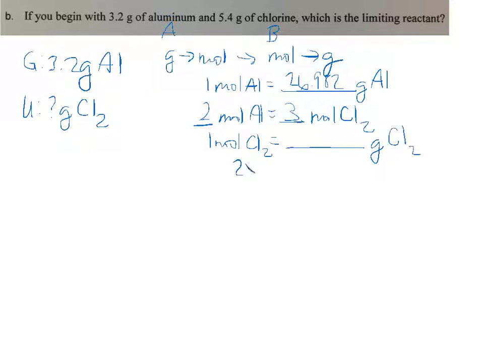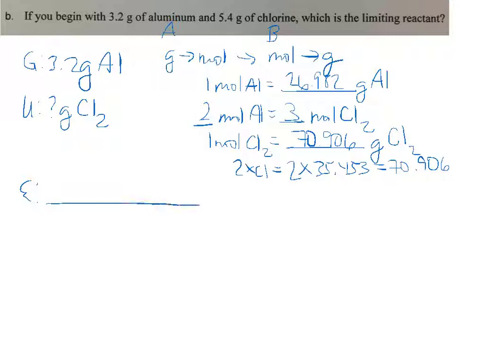So we have 2 chlorines, so that's 2 times 35.453, and that equals 70.906. So every mole of chlorine has a mass of 70.906 grams. At this point, we can actually plug into our equation and get all of our units set up the way we need to. We are beginning, remember our mole map, with grams of substance A, which is aluminum, and going into moles of aluminum, and then going into moles of chlorine, and then going into grams of chlorine.